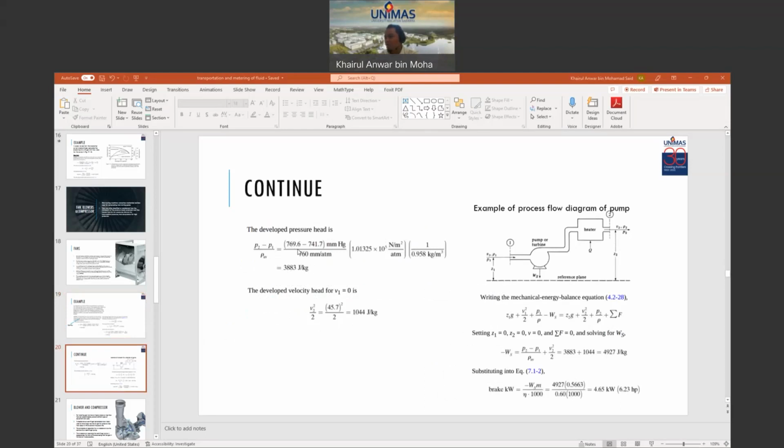So 769.6 minus 741.7, and this one you change to atmosphere, unit conversion, and this is the rho average.